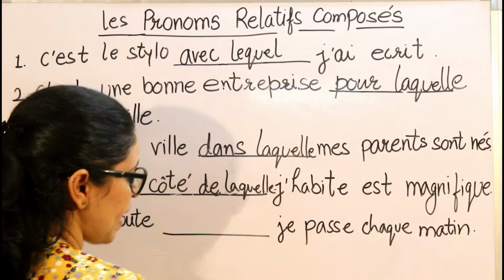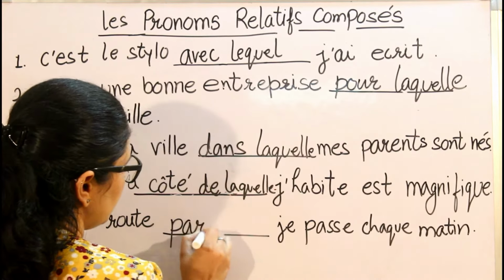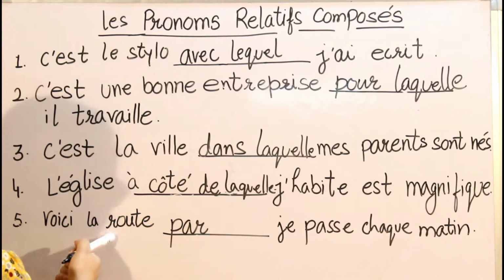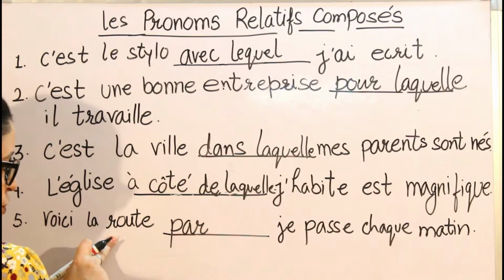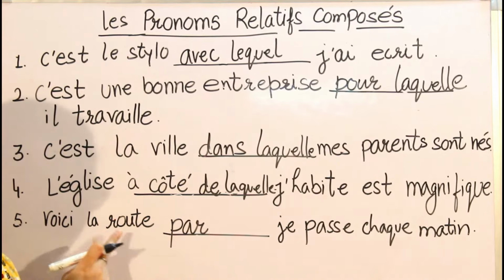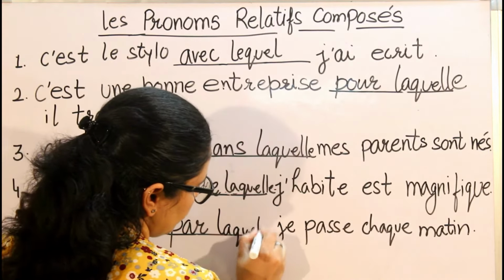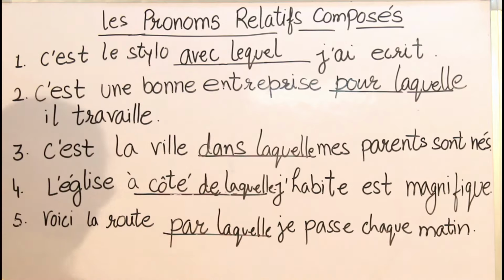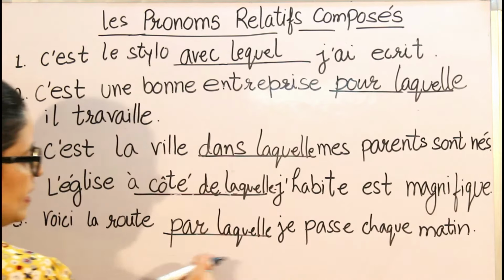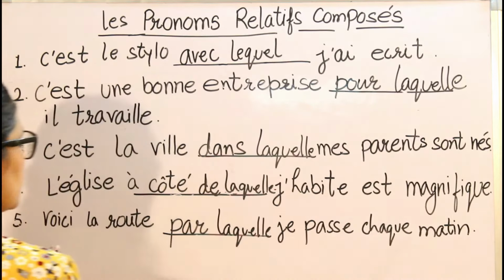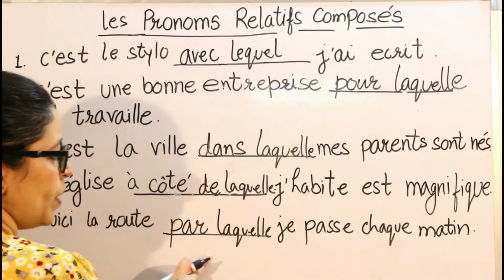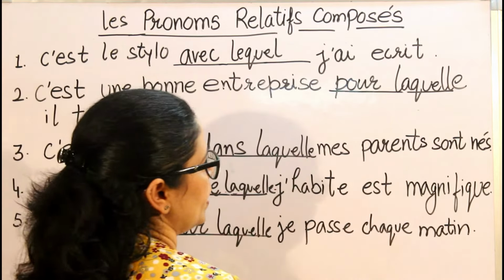For saying by, I need to write par, and now I'll see whether the word lequel is masculine or feminine. Here it is feminine, so I'll write laquelle. Voici la route par laquelle je passe chaque matin. Here is the route by which I pass every morning.